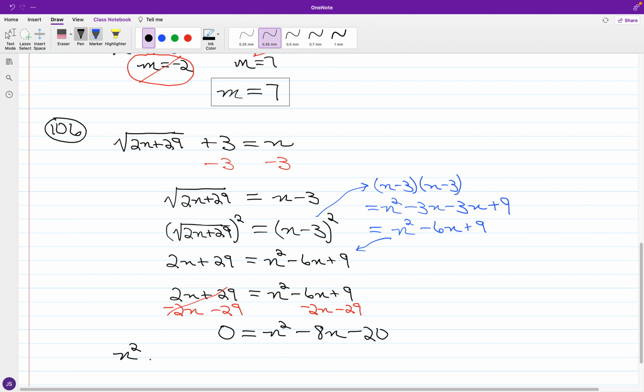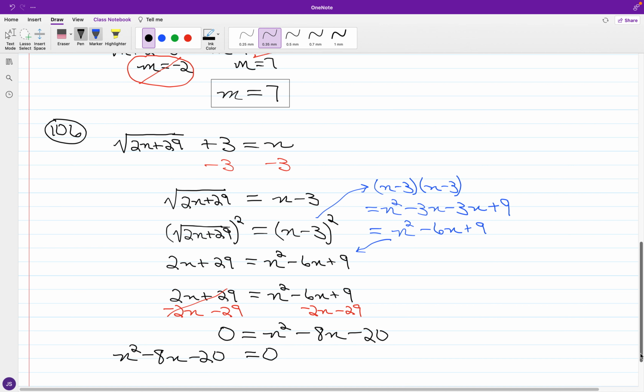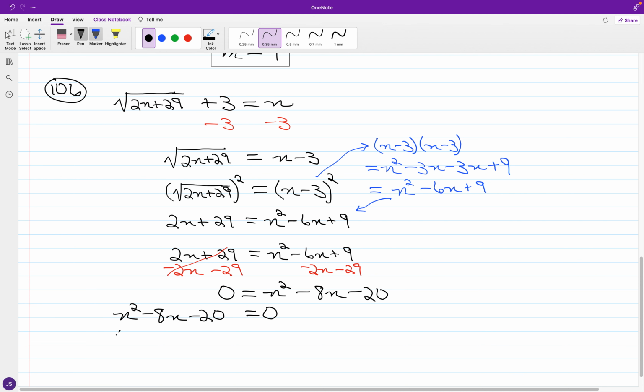Again, I can just rearrange the terms, and you could factor on the right hand side, utilizing the zero product property. Looking at n squared, this will go to n times n, and factors of -20 that will add up to -8.